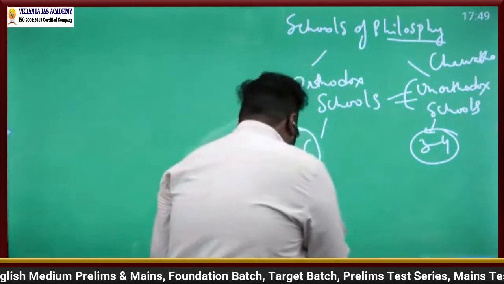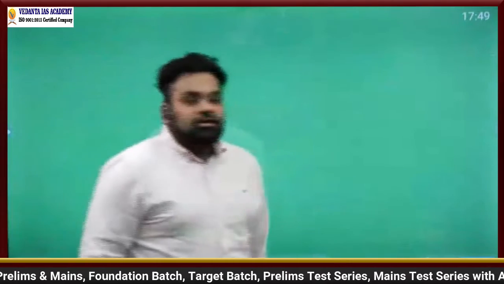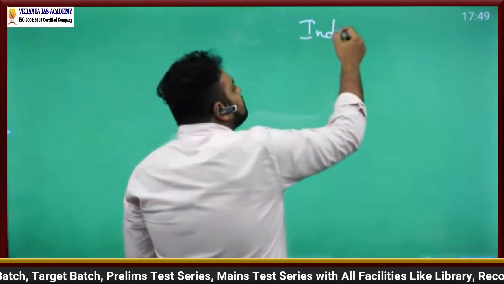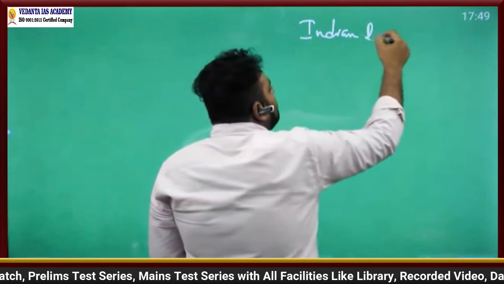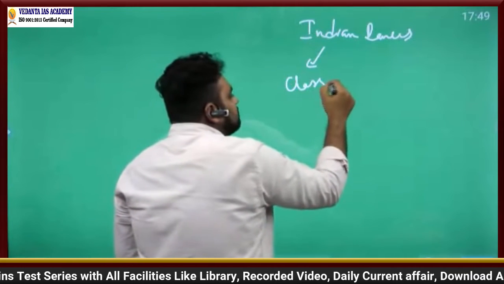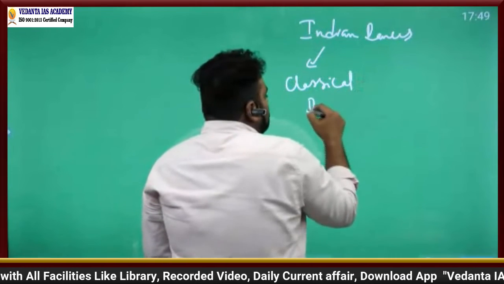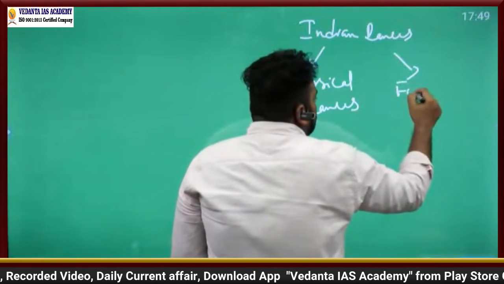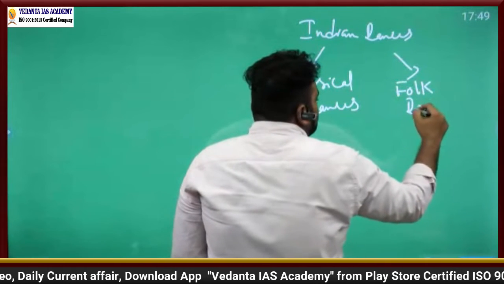So this is what we are going to do in the topic on art and culture. Then we are going to do Indian dances. The Indian dances are classical dances and the folk dances.